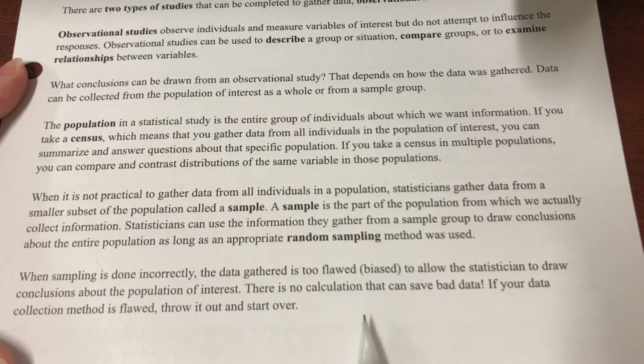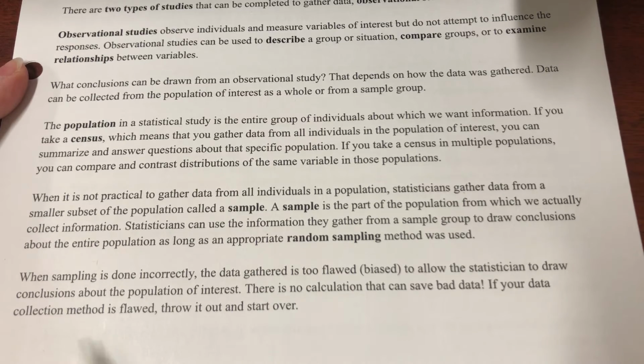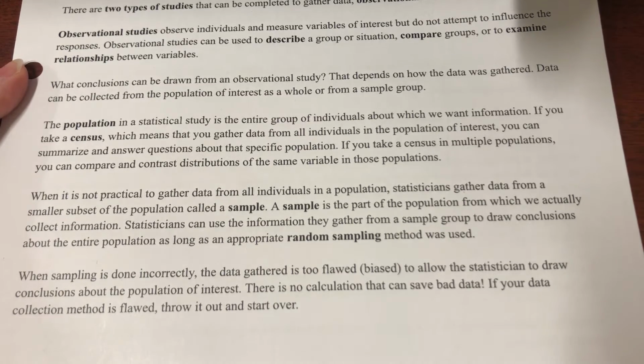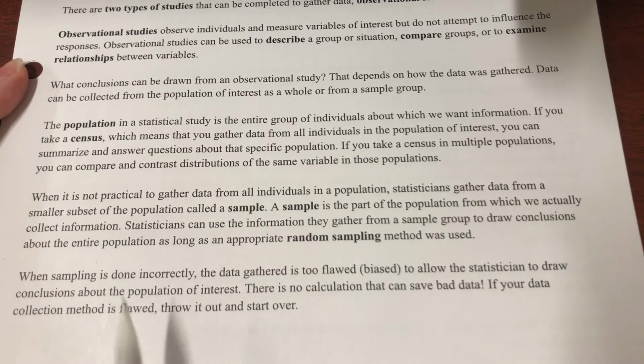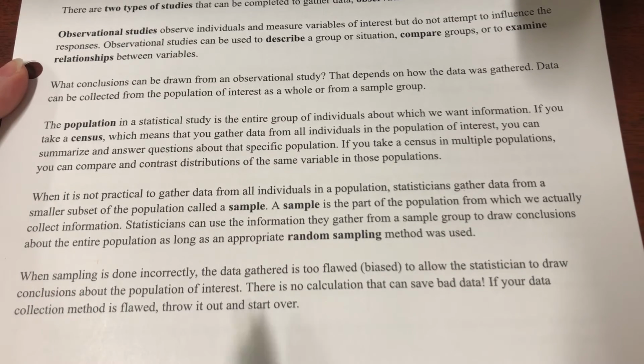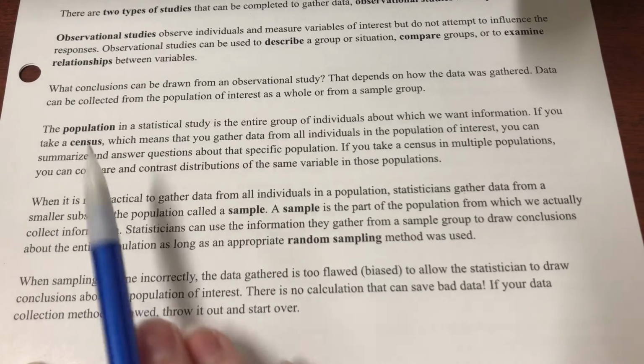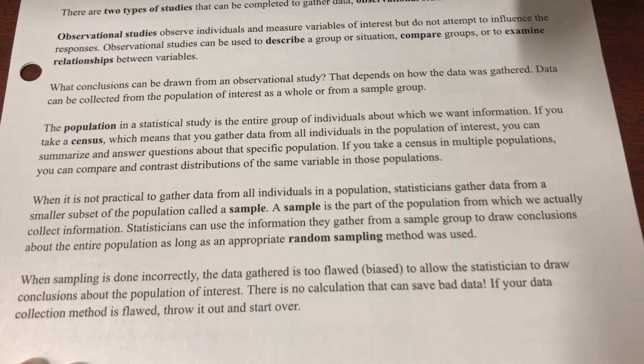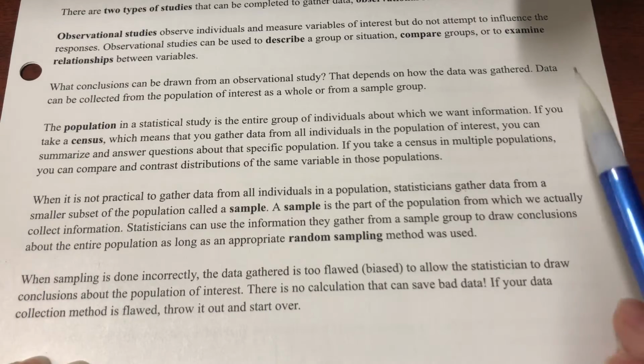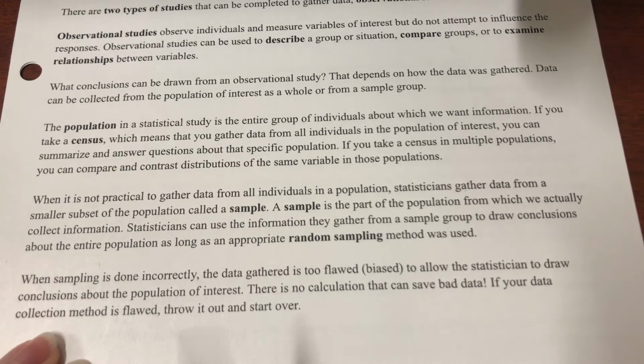There is no calculation that can save bad data. If your data collection method is flawed, throw it out and start over. So you have to make sure that you're sampling correctly if you decide to take a sample. For the most part, we're going to focus on taking a census rather than a sample. If you go on to a basic statistics course, then you would learn how to do appropriate random sampling.